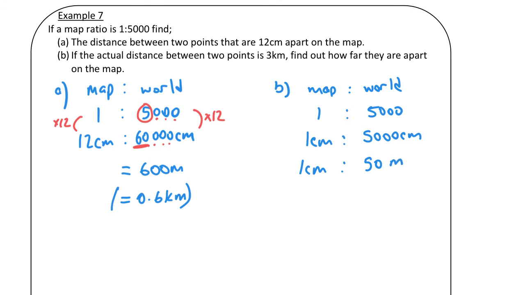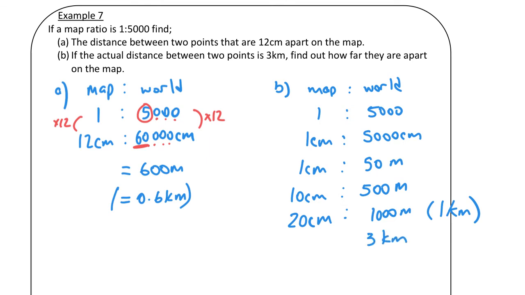From there, I can get that 10 centimetres would be 500 metres. And I could get that 20 centimetres is 1,000 metres, or 1 kilometre. And then from there, to get from 1 kilometre to 3 kilometres, I'll multiply by 3 to get 60 centimetres. So the actual distance between the 2 points on the map would be 60 centimetres.